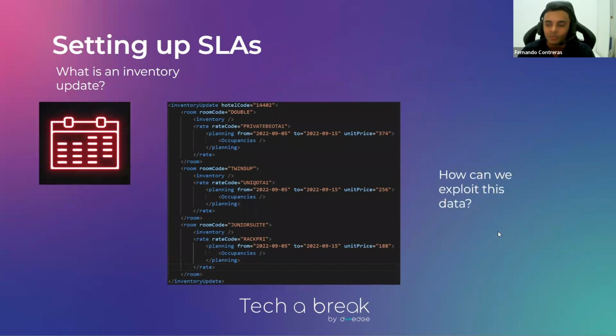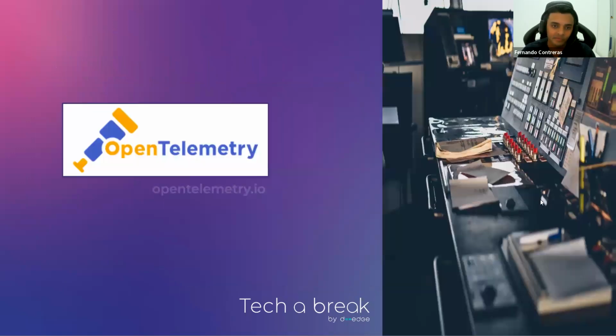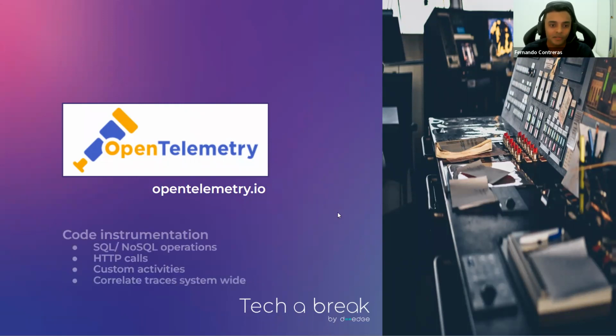So how can we exploit this data? First, before I start talking about analytics, I have to mention OpenTelemetry, which is the technology on which all the research is built.